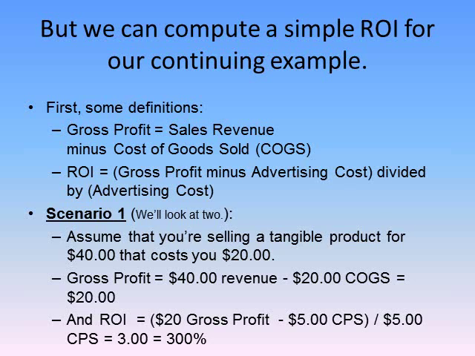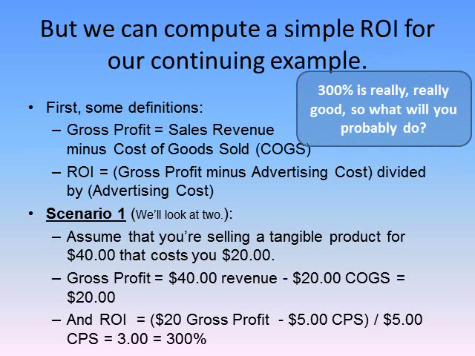And our return on investment then would be that $20 gross profit less the $5 advertising cost per sale, divided by the $5 advertising cost per sale, or that's a 300% return on investment. Pretty good. We would like for all of our ads to produce that kind of return, but they all don't. Let's look at the second scenario.